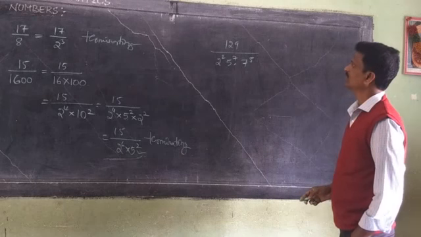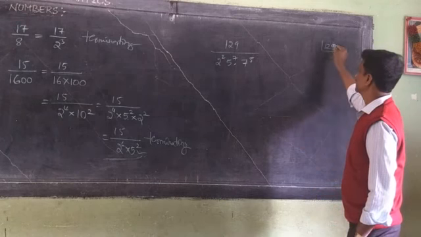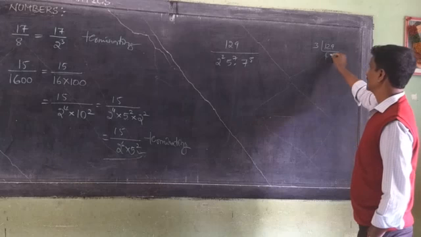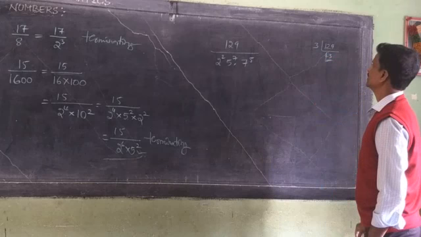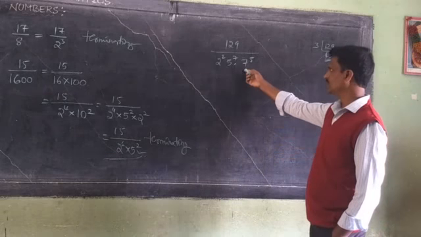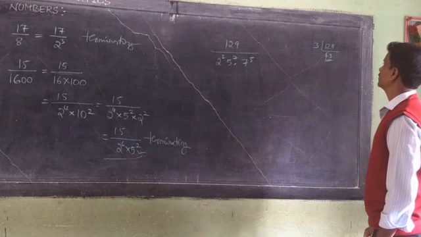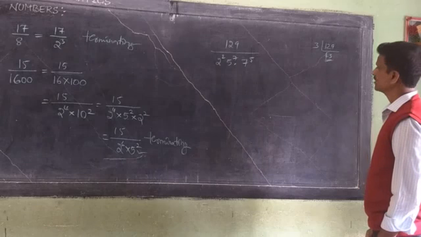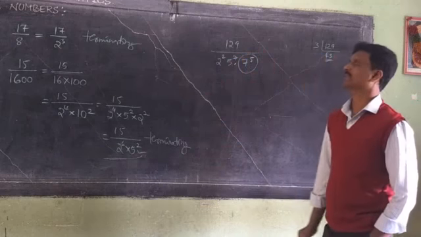129 is not in the power of any number, so you can write 129 as 3 into 43. Here in the denominator we have 7 to the power of 5. No cancellation is possible.